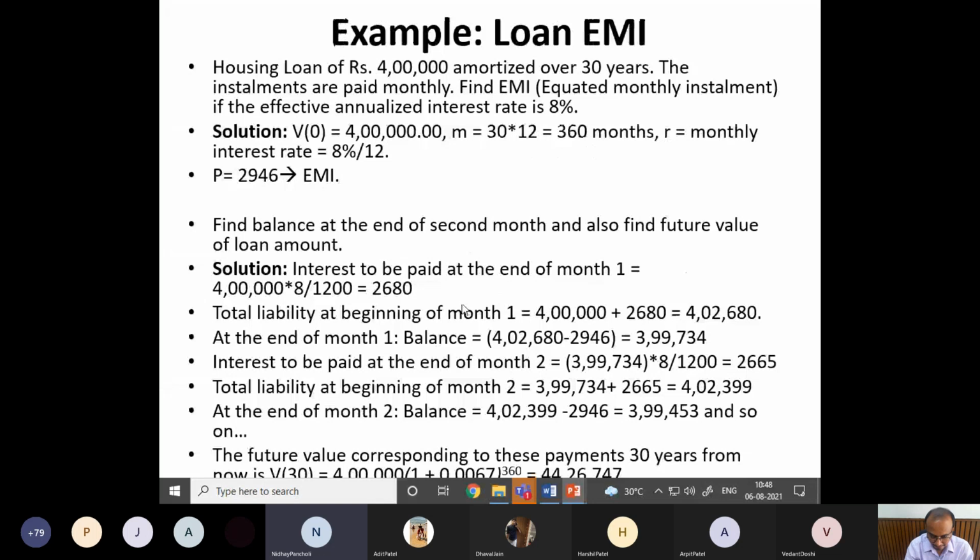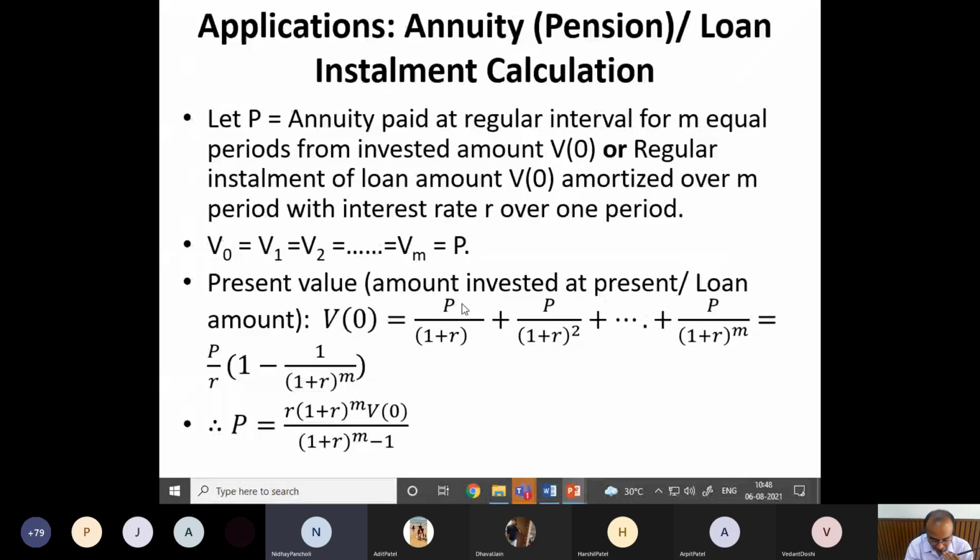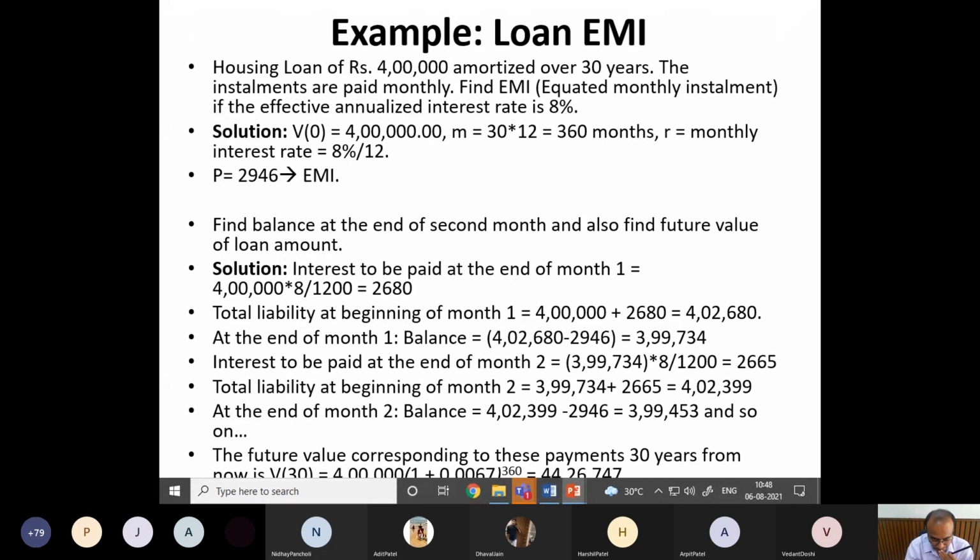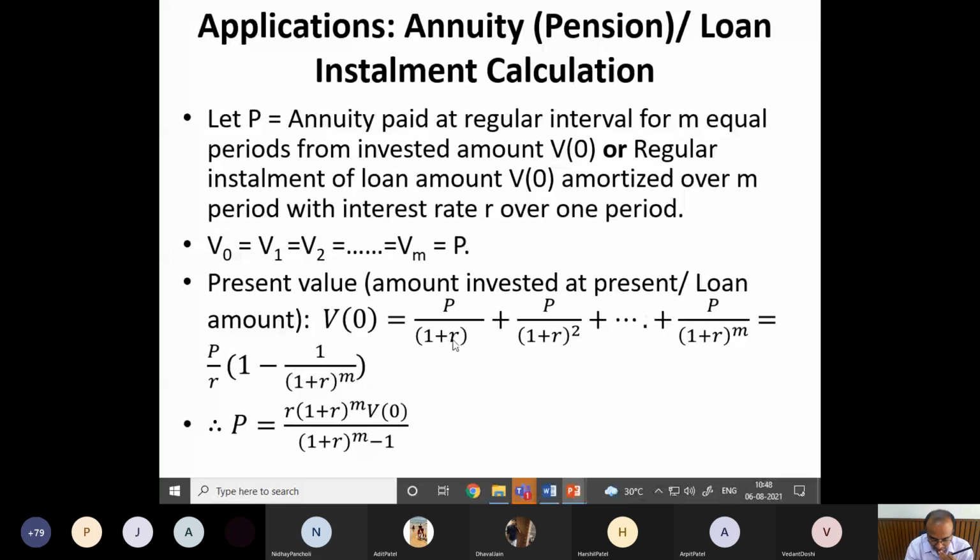So I proceed. The future value can be calculated using the M cash flow formula. Here the cash flow is constant. All cash flows are P. I know the R, right?